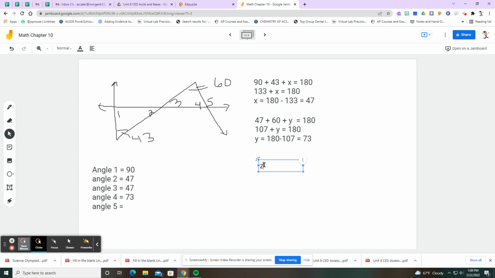So angle 4 is 73 plus Z, which is angle 5. Those two things are going to add up to be 180. Okay, so Z is going to equal 180 minus 73, which is 107. So angle number 5 is 107.